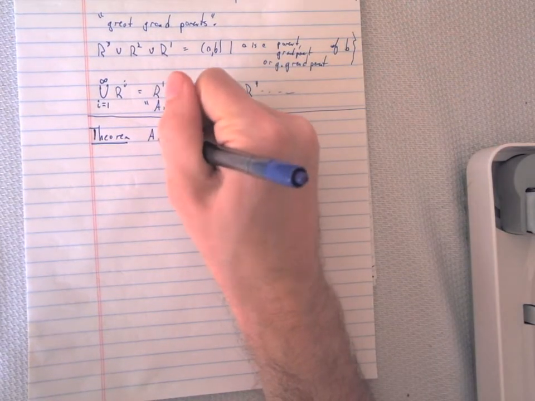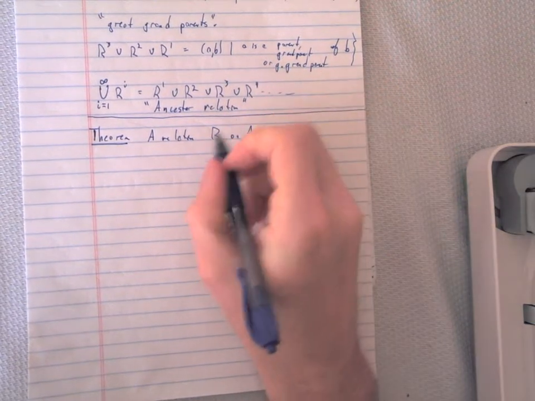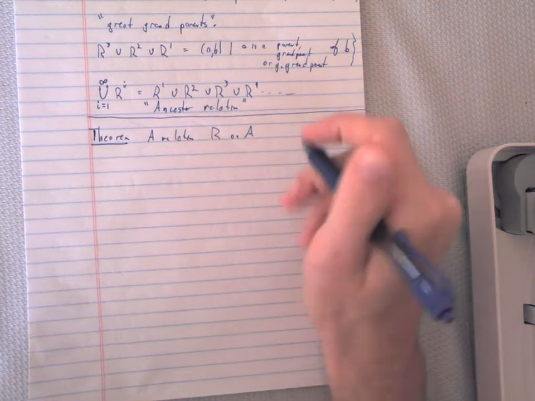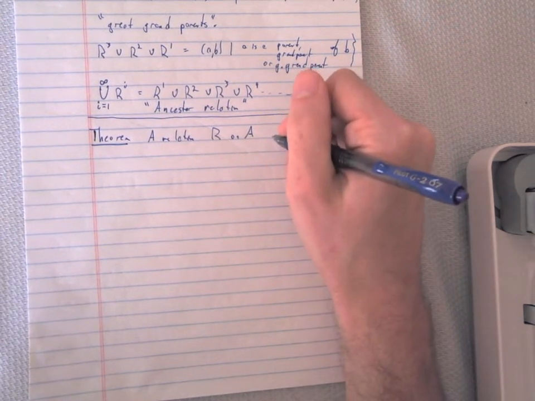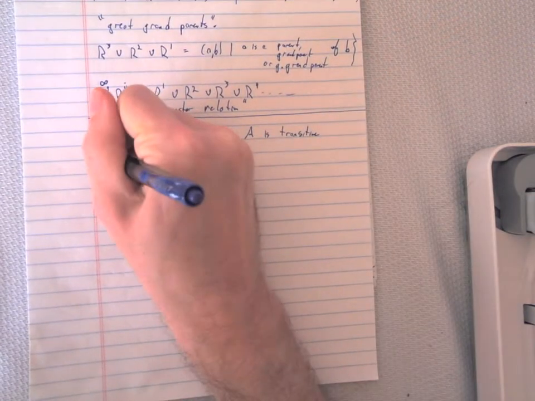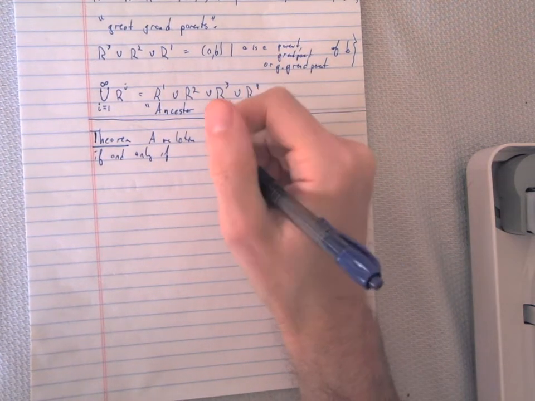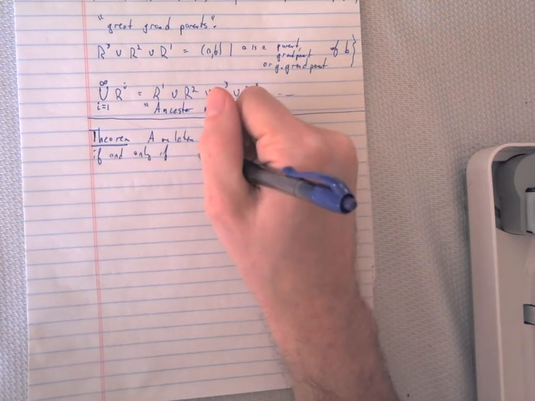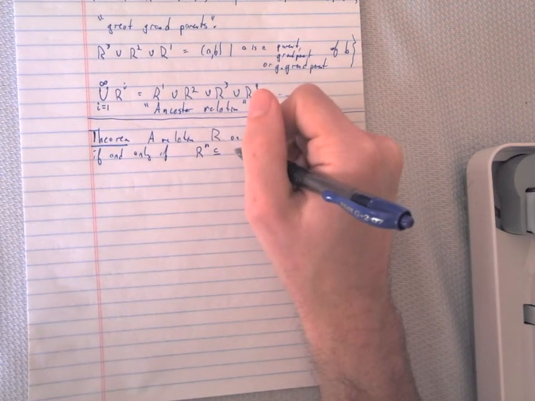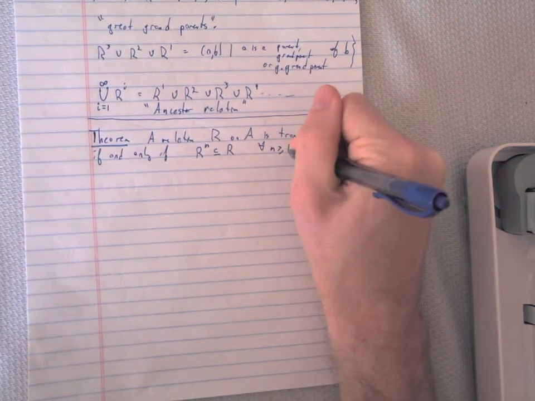A relation R on A, so remember this means R is a subset of A cross A, or R is a relation from A to A. A relation R on A is transitive if and only if the following holds: R to the n is a subset or subrelation of R for all n greater than or equal to 1.